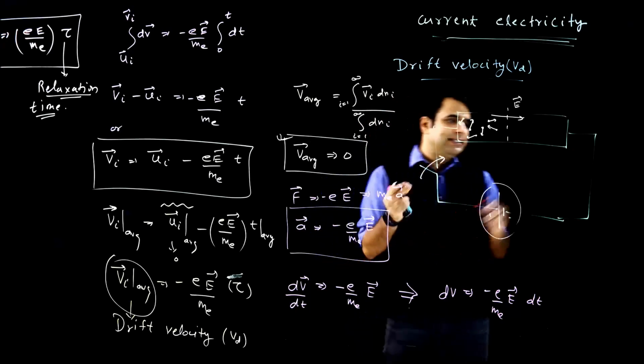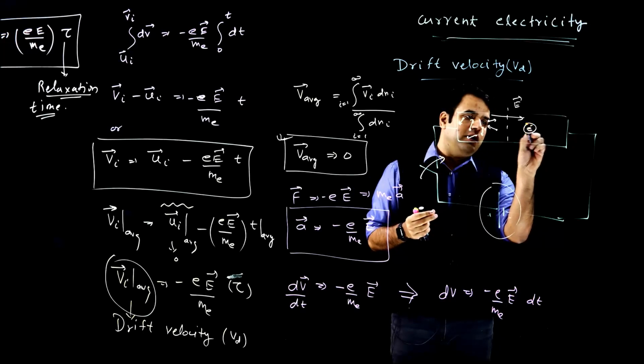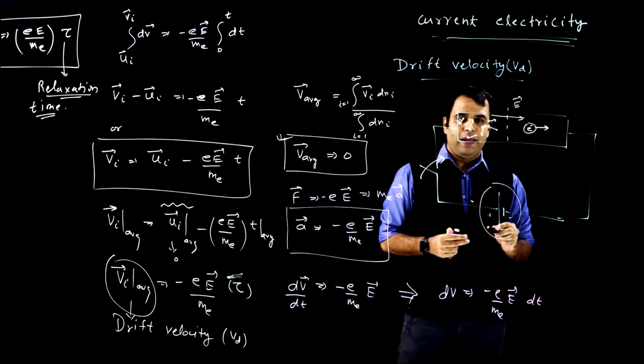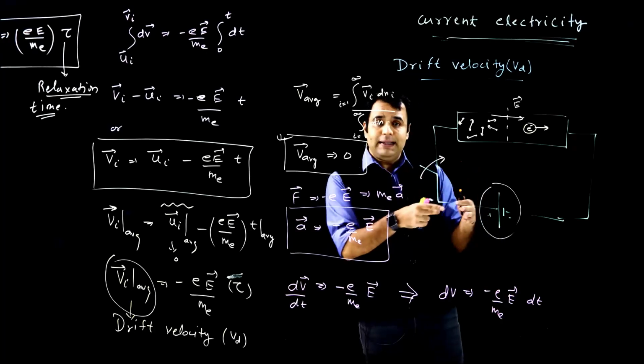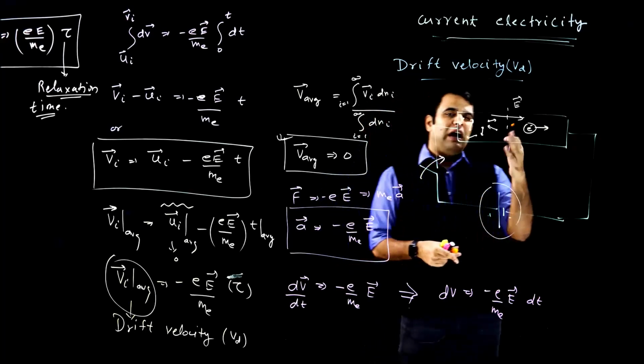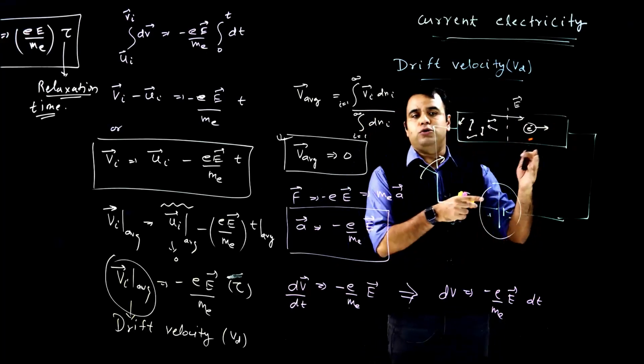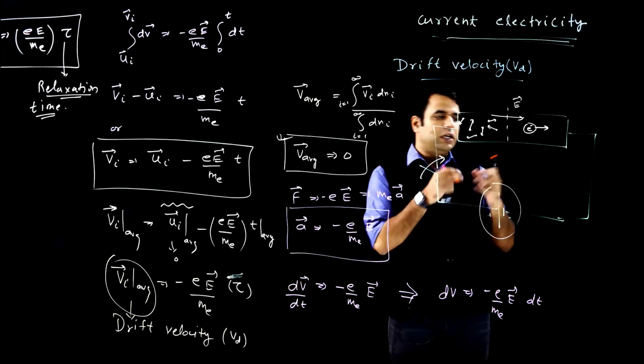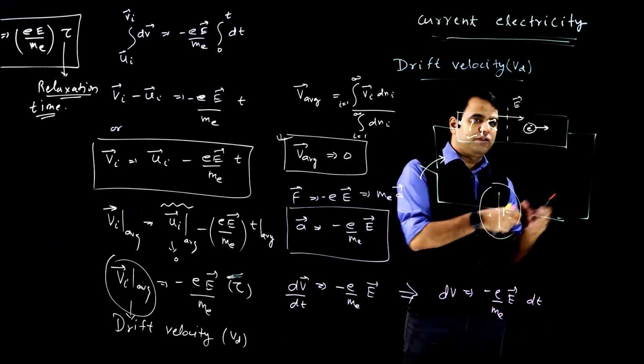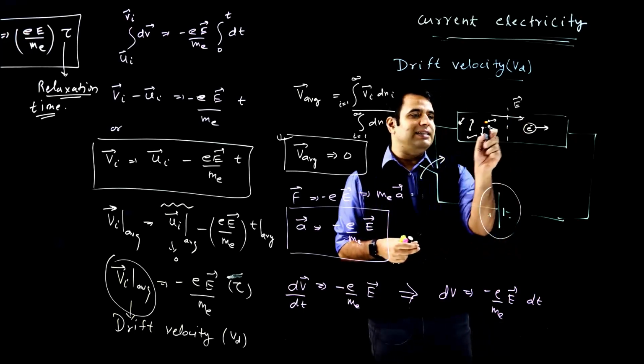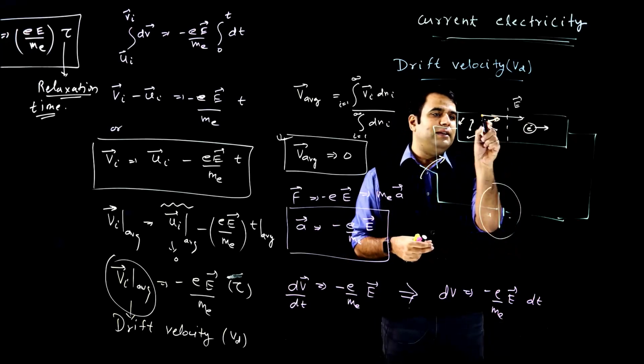So in a sense, if there was an electron moving in this direction, then before you apply this external agent, after some time it was supposed to change its direction due to collision, due to the intermolecular forces. They were moving there, then they were moving that way.